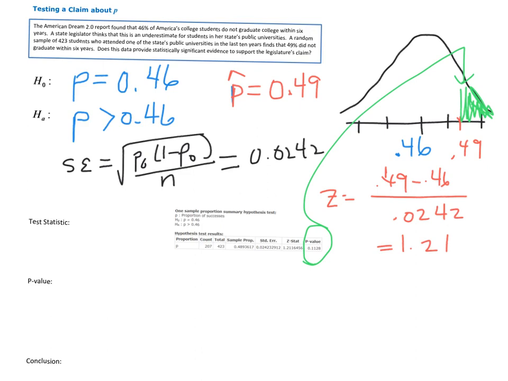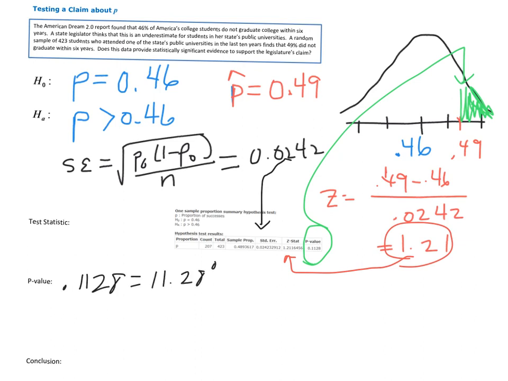Notice also that the StatCrunch output gives the z-score of 1.21, and it also gives the standard error that we saw up here, 0.0242. In any case, the important idea here is this p-value, 0.1128, which is 11.28%.